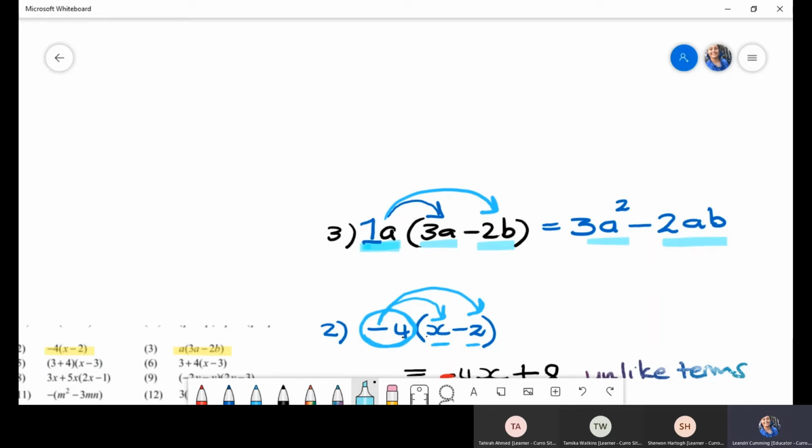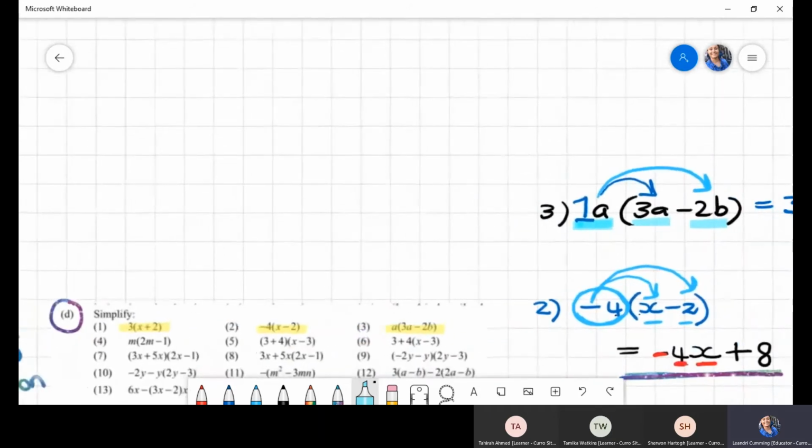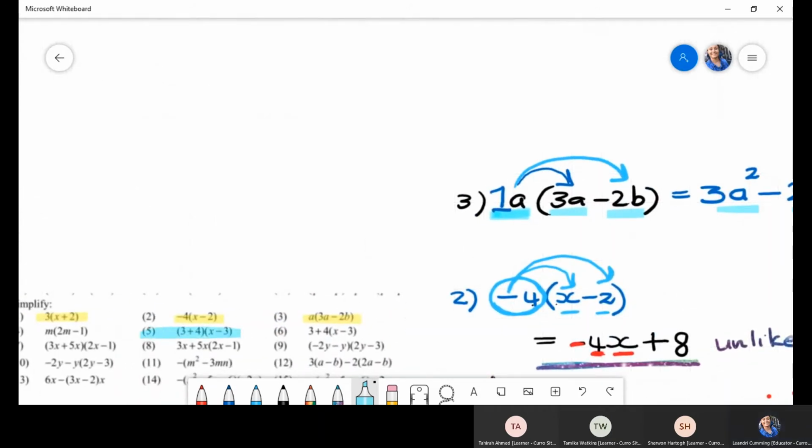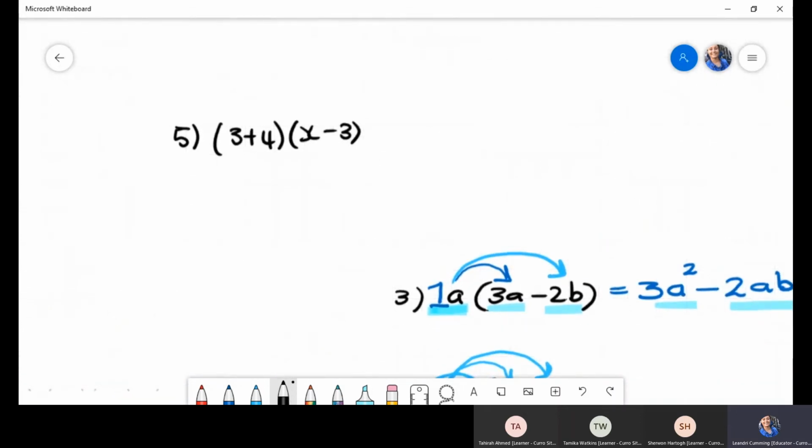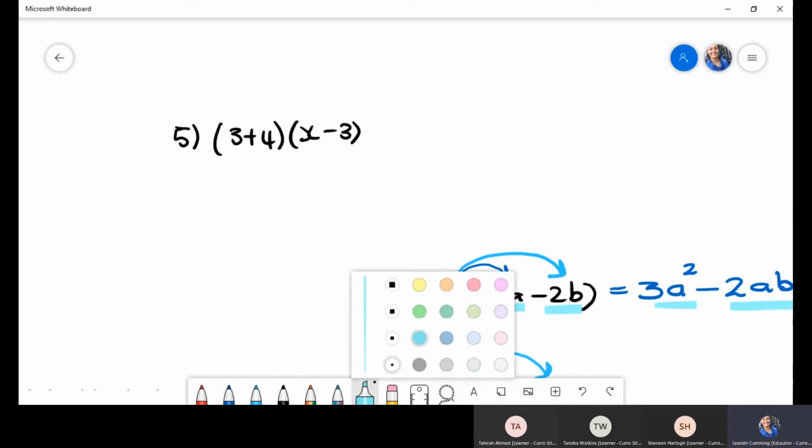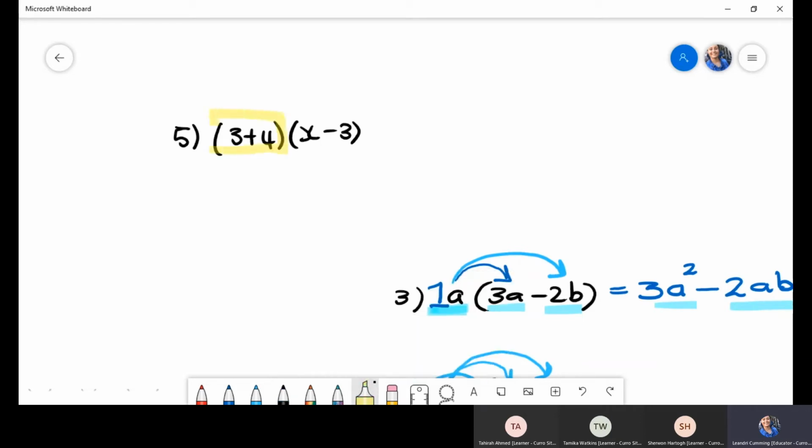Right. Now let's look at something that looks a little bit different. Let's look at number 5. Number 5 shows us we have bracket 3 plus 4, bracket x minus 3. Now what we've learned in our chapter so far is that we are allowed to simplify. Let's go with that simplifying technique before we do anything else, and that's when we work with like terms. In this case, I do have this bracket 3 plus 4, which may be simplified.